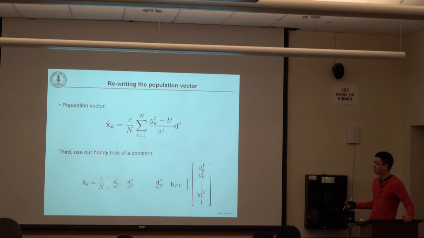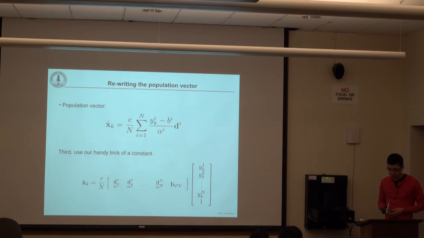So in total, what we've done is take this sum equation and write it simply as a matrix. What's the dimensionality of this matrix now? Yep, 2 by 97 times a 97 by 1 vector.